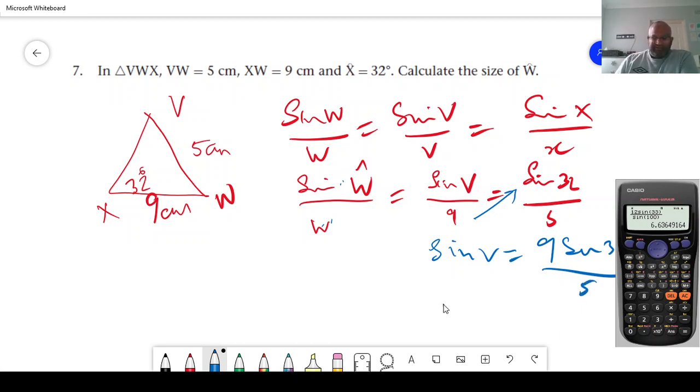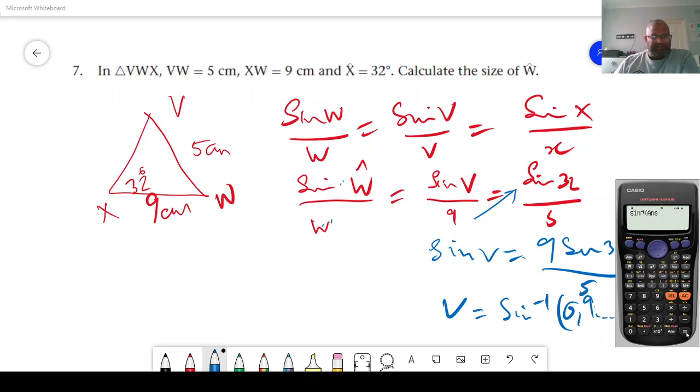Then we take arc sine of this answer. So 9 sine 32 degrees over 5 gives us 0,9 and the number carries on, of course. So you press arc sine, shift sine, of that answer.